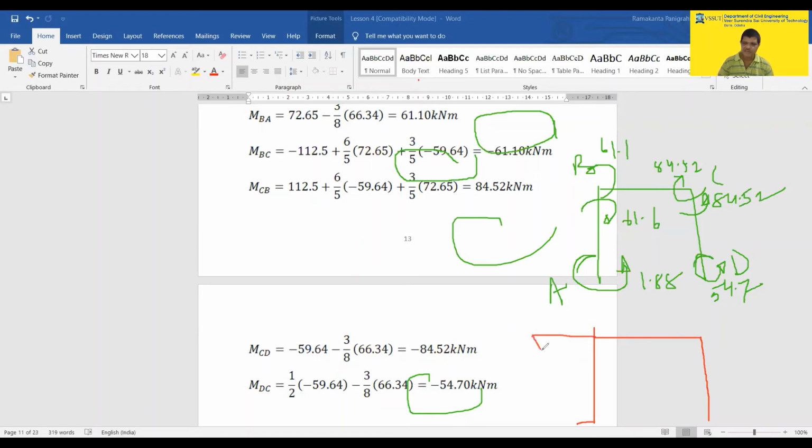This will come like this way. This is 61.11. This is 84.52. So this will go like this. 84.52. This is 61.1. This is 1.8. And here 84.52 is anti-clockwise direction, so it will be again negative. Here it is anti-clockwise, minus 54 anti-clockwise, so anti-clockwise is positive.